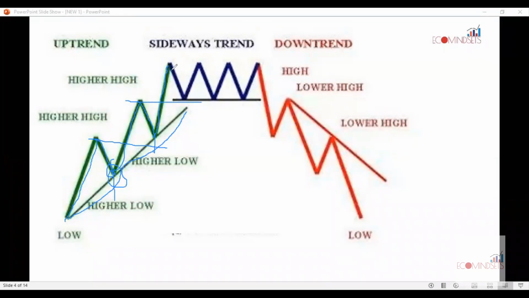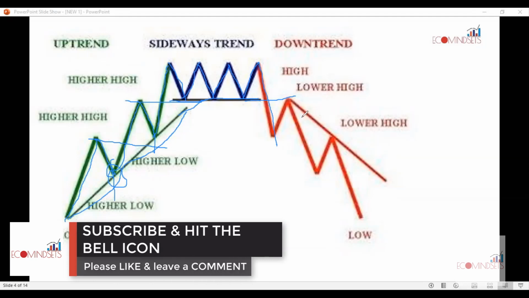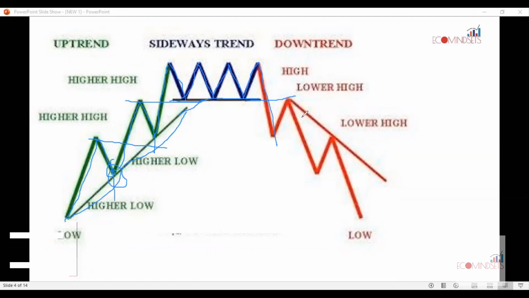As we can see over here, once price got here, it pushed down, never got to this trend line anymore, but stopped at a particular point in a horizontal manner, then pushed up, was rejected again, pushed down, rejected again, and pushed up. It did that for a very long time till it broke this horizontal line, which last week we looked at as the support line. When the market is behaving in this horizontal way, we say that the market is in a range, a sideways trend.